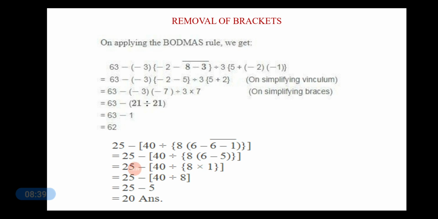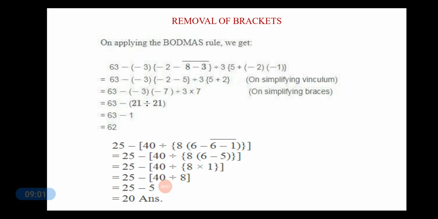So ultimately you have 25 minus, within the box brackets 40, divided by, within the curly brackets 8, multiplied by, within the simple brackets 6 minus 5. Now 6 minus 5 is equal to 1. So here it will become 8 into 1 in the next step. Now 8 into 1 will give you 8.